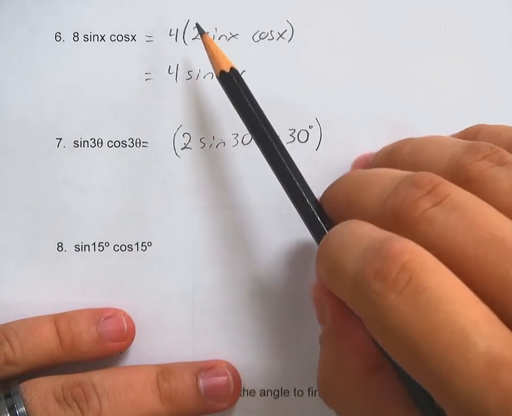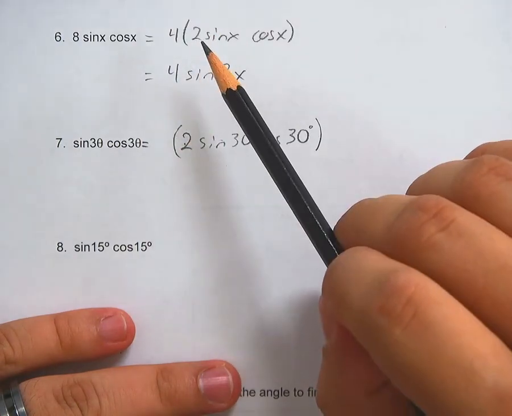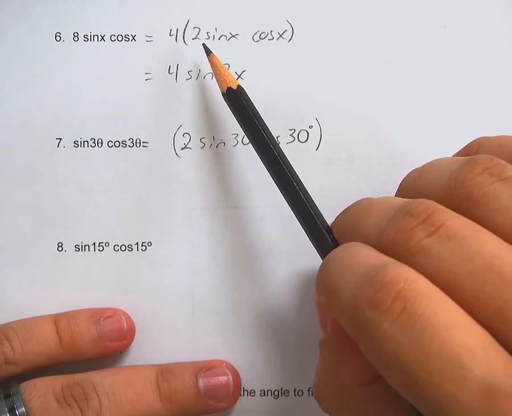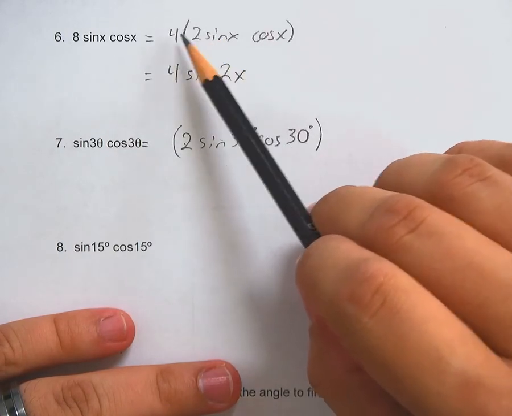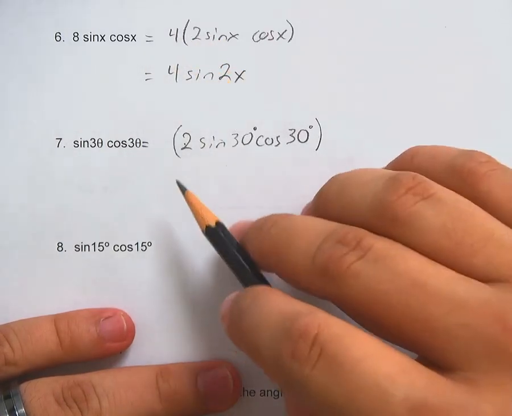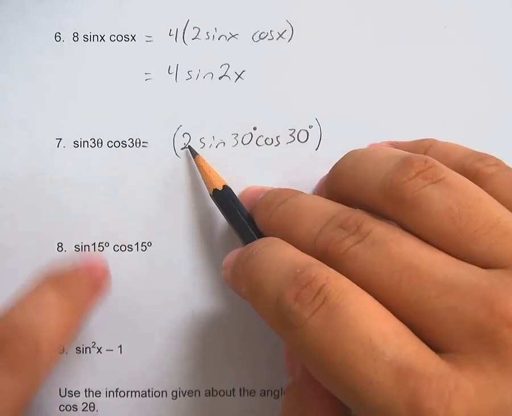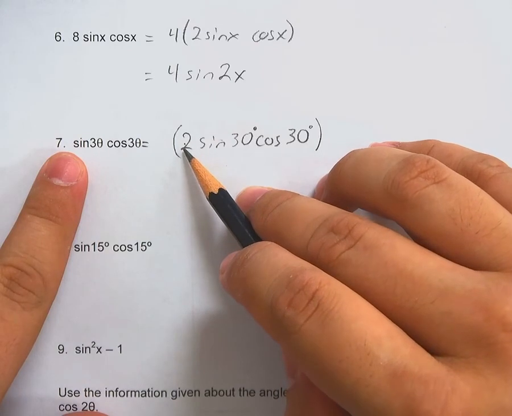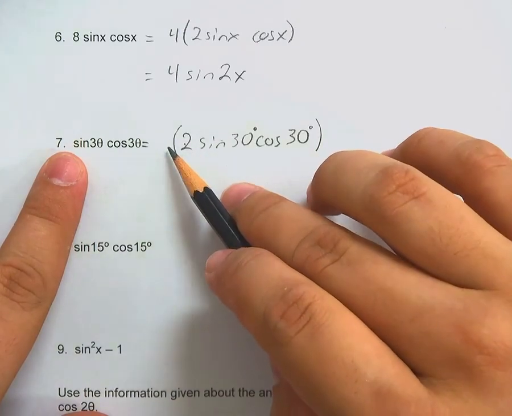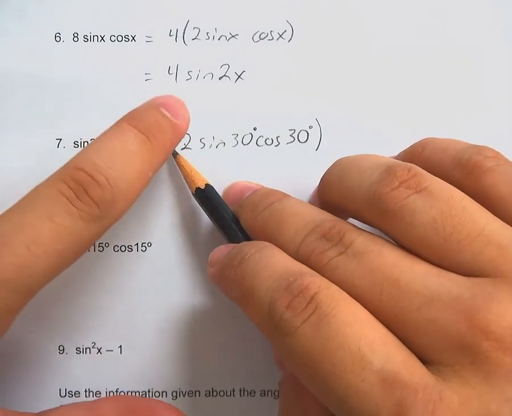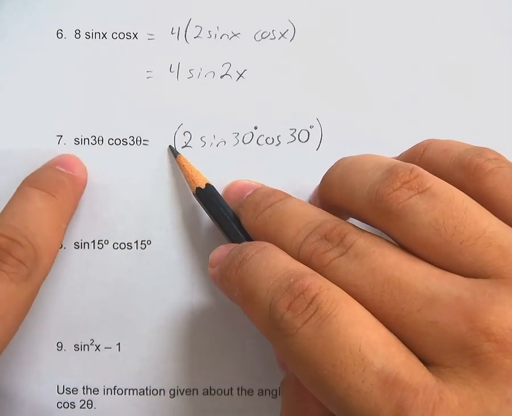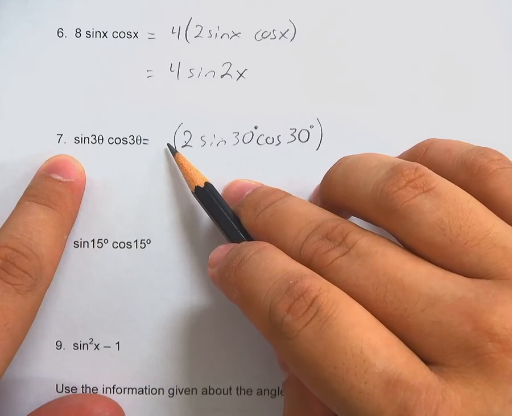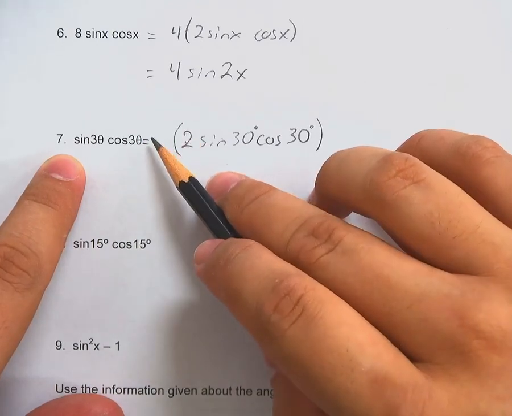In the problem before, I'm dividing out a 4, and that leaves me with a 2. Notice how if I multiply these back, I get 8. So what would I multiply with 2 to get 1? That's what you have to think about. What has to go here so that if I wanted to go backwards, I would get to here? I have to compensate for something here. So 2 times what gives you 1?